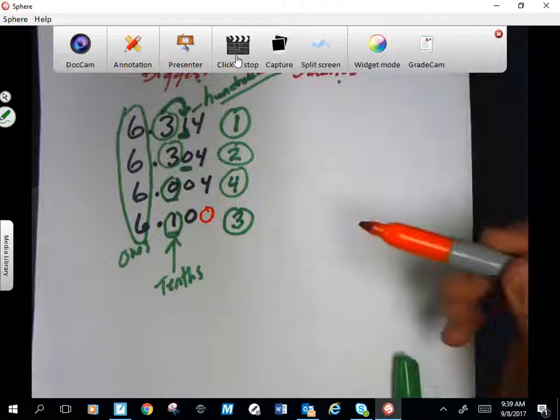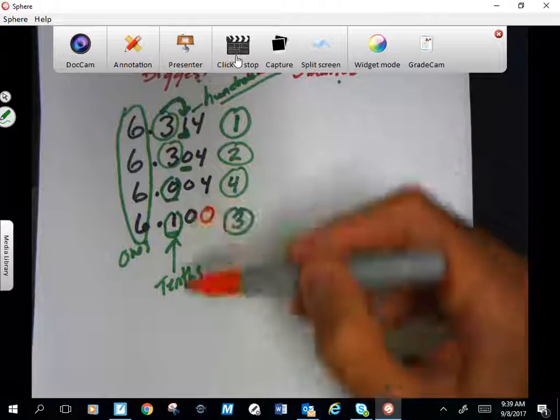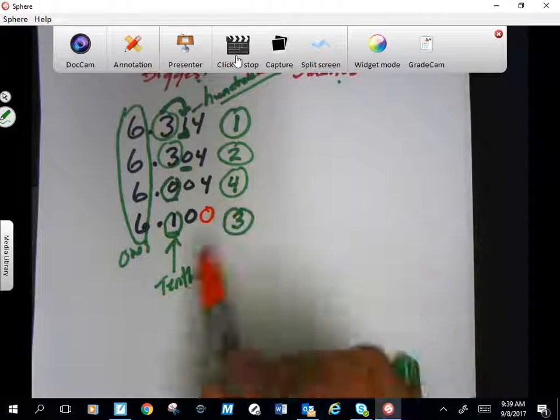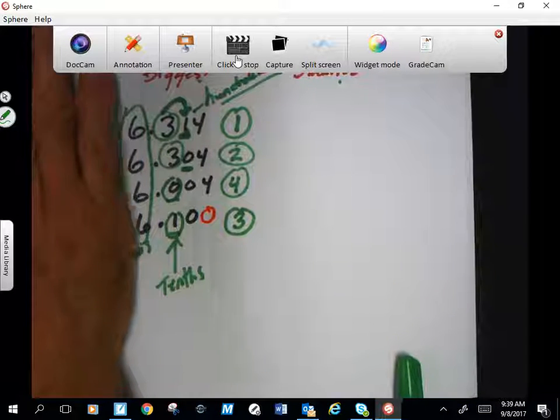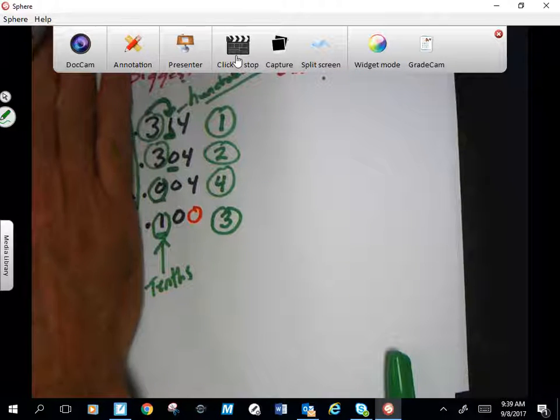This is the same thing. Now look, all the numbers look the same. They're out to the thousandths. Now you're just comparing, pretend you're not really looking at a decimal, 314, 304, 4, and 100.